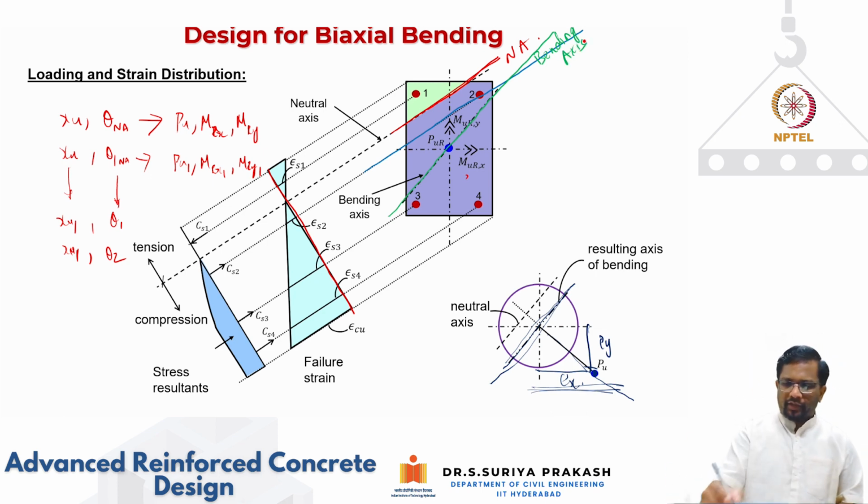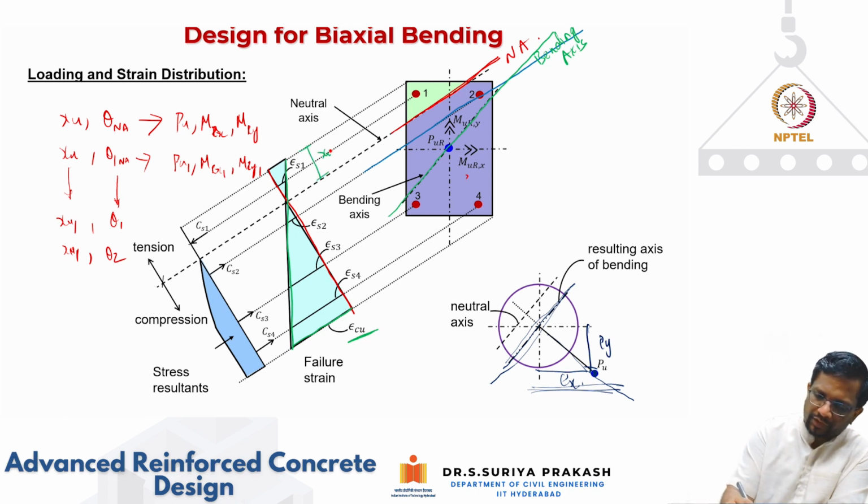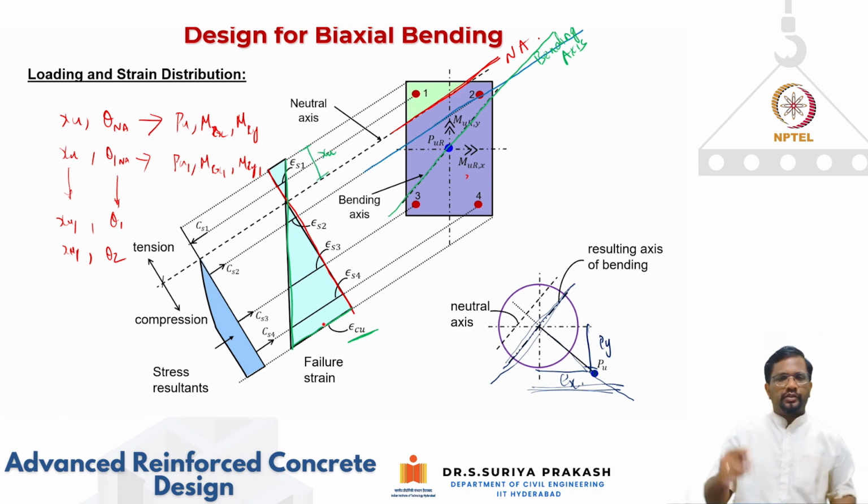So you find that again the neutral axis is not parallel to the bending axis. So once your neutral axis is fixed, and I am talking compression on this side, this epsilon cu is fixed, neutral axis is fixed, and then you can draw this strain profile. Okay. So once this is fixed and this xu is fixed, then I can draw this strain profile.